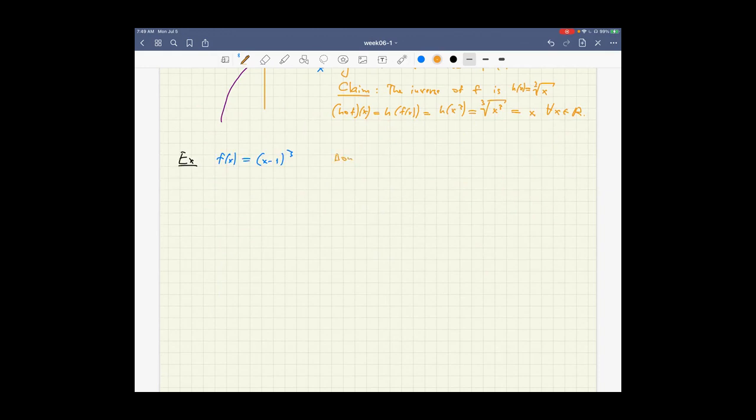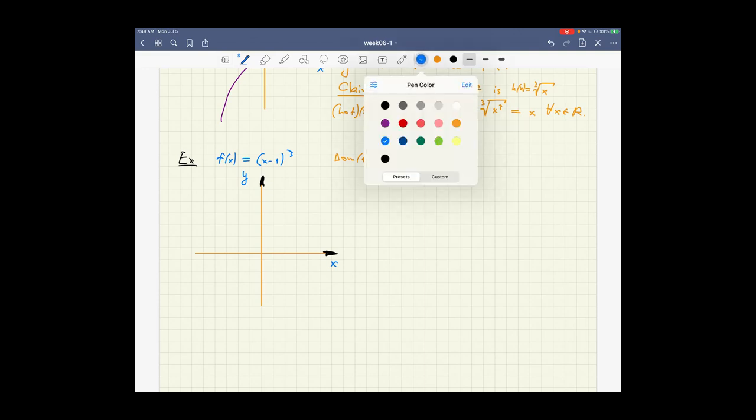That's easy to see when you draw the graph. This, after all, is simply the cubic parabola shifted 1 unit to the right.